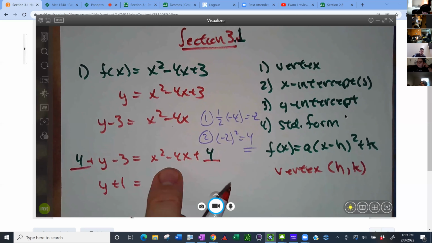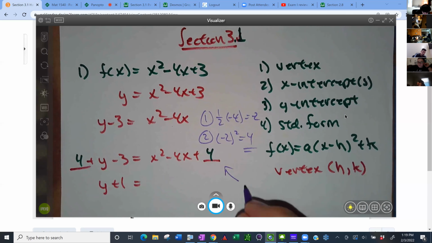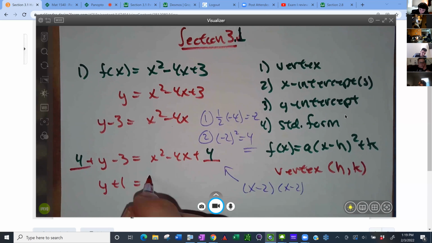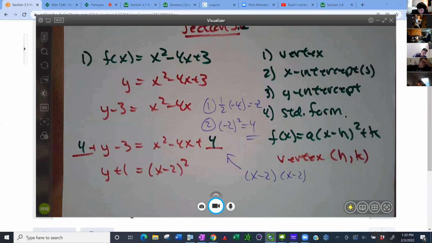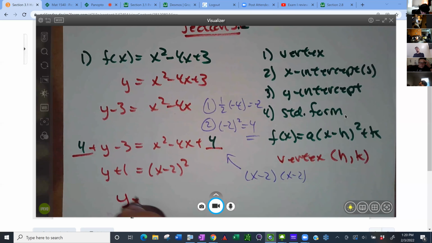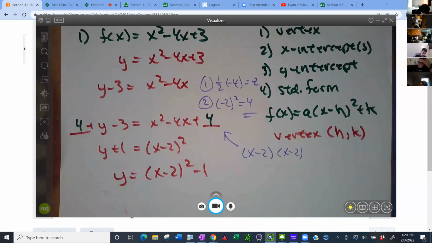The right-hand side will factor as x minus 2 times x minus 2. But I've encouraged you since intermediate algebra to write it as x minus 2 squared, which is really what it is. I can move the 1 to the right-hand side like that. And perfect. Now I've completed the square in this.